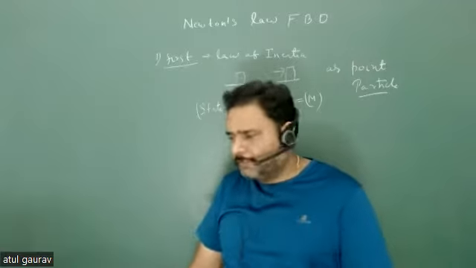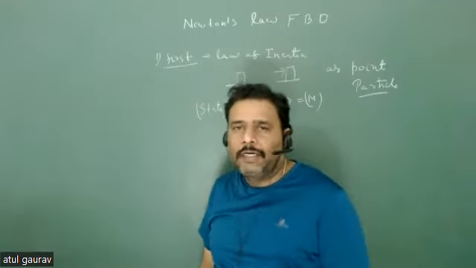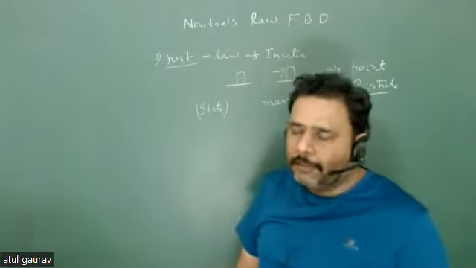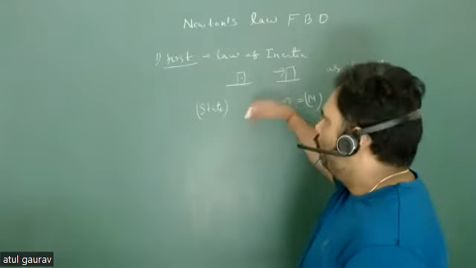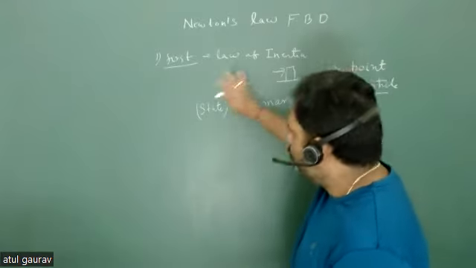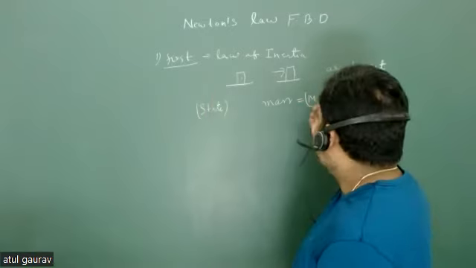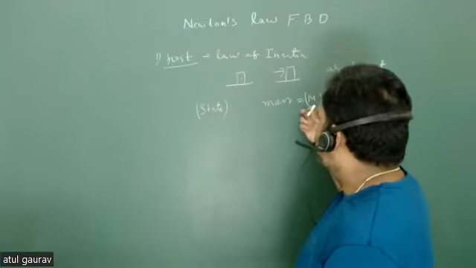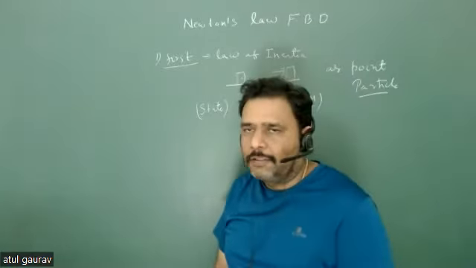We will also discuss two dimensions, but first we will learn this for one dimension, then go to two dimensions. So to apply the first law, you first have to define your state, then know your mass, and this is all about your first law.